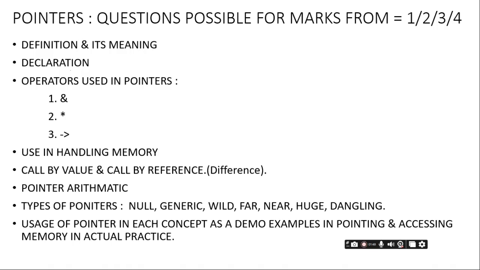Mainly, three operators are used in the pointers concept. One is the address-of operator, that is the ampersand symbol. Second, the asterisk symbol, its technical name being the member reference operator.